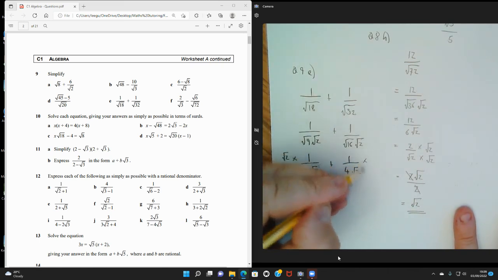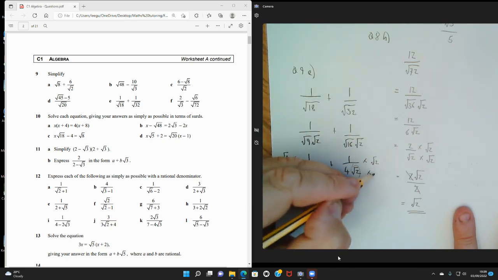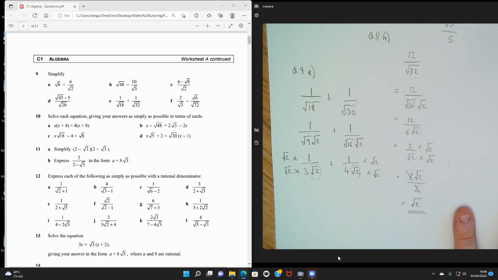I'm going to multiply the numerator and denominator of this one by root 2 for the same reason, because there's a surd root 2 there as well. So I now get root 2 over 3 times 2, because remember, root 2 times root 2 is 2. This fraction goes to root 2 over 4 times root 2 times root 2, which is another 2.